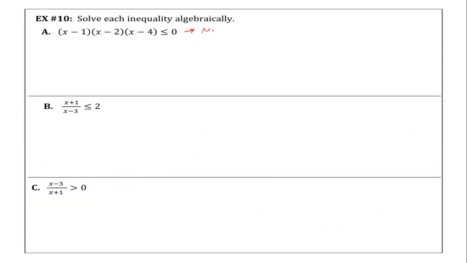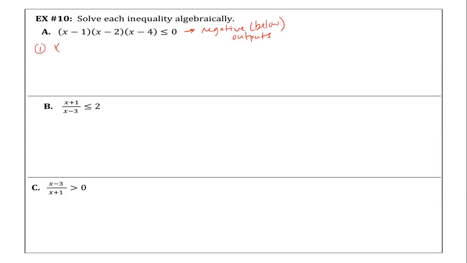We need them to be negative, which means if we had a graph, we would be looking below. But do we have a graph? No. So all we're focusing on is negative outputs. And output means y, correct? Negative y values.